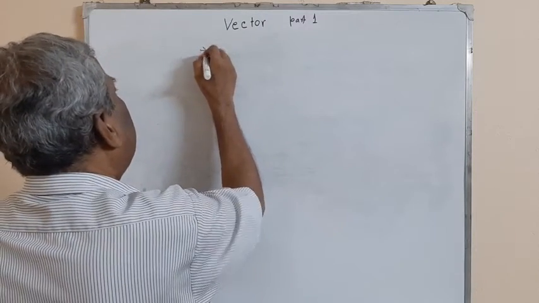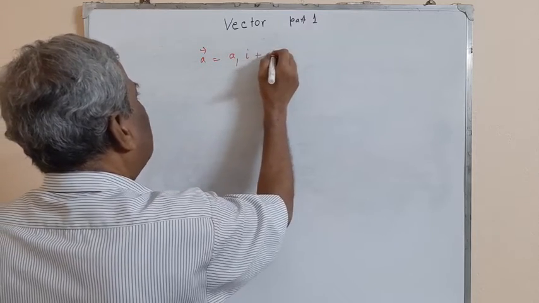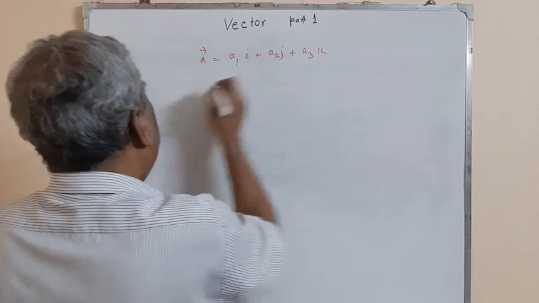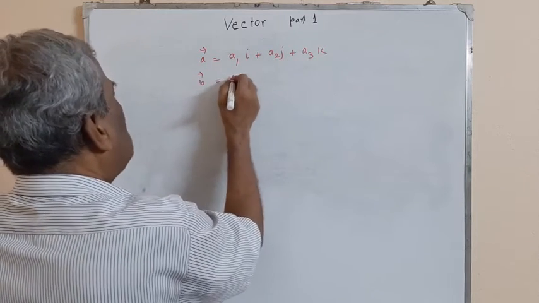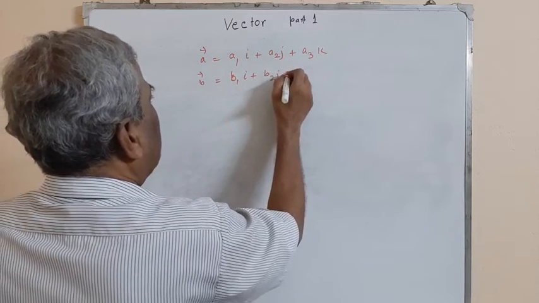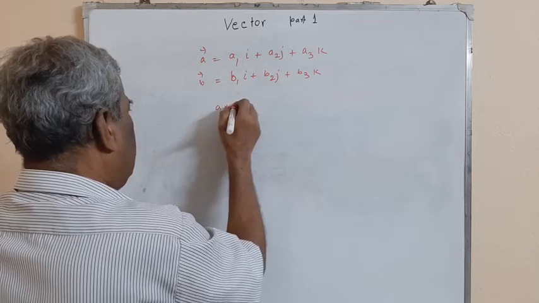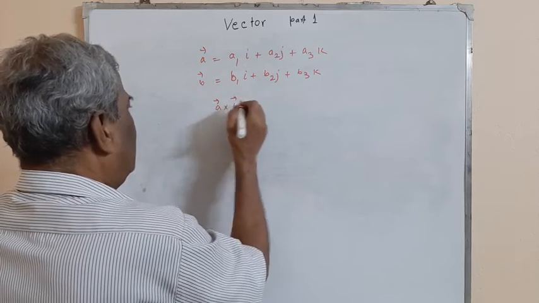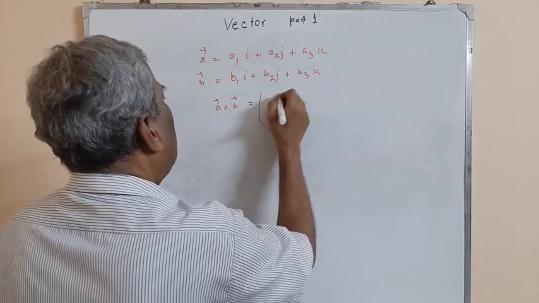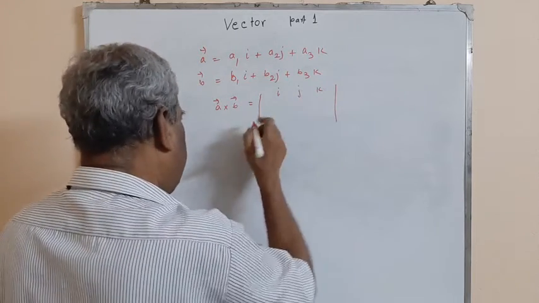If A is given in terms of its components, that is A1i plus A2j plus A3k, and B is B1i plus B2j plus B3k, then A cross B also can be defined as a determinant.